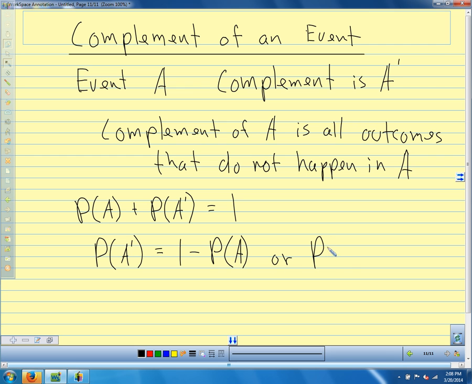Or we could say the probability of A is 1 minus the probability of the complement. And then we can use this idea to find the probability of the original event.